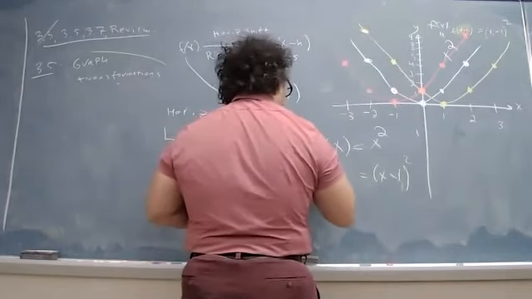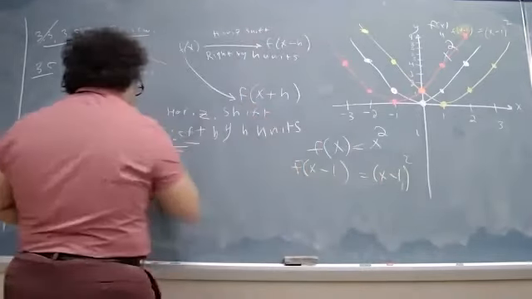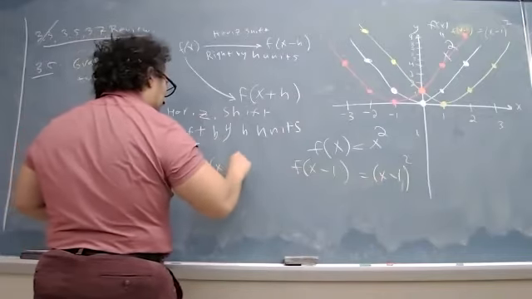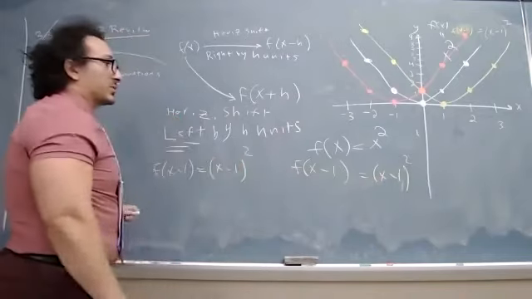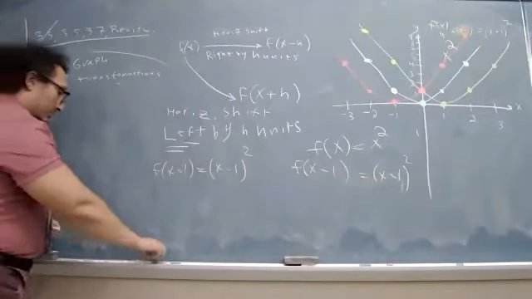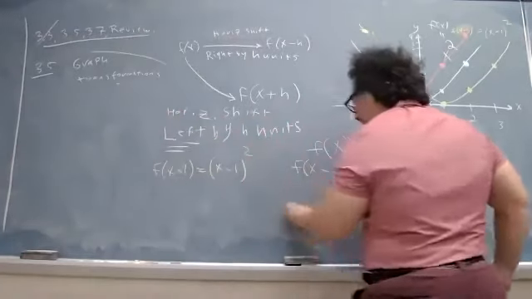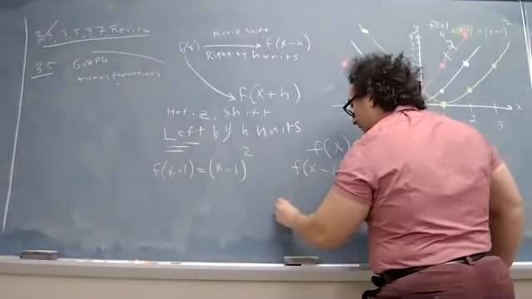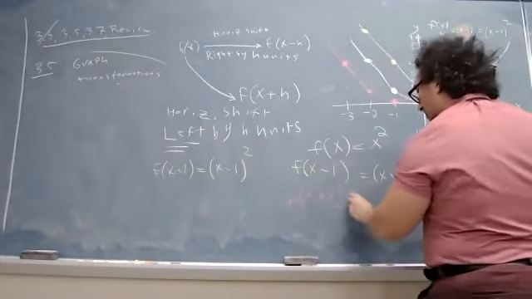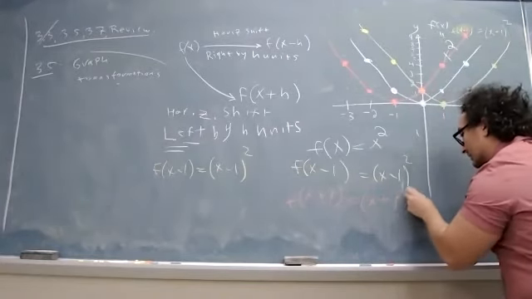But technically, that's really f of x minus 1, because notice that f of x minus 1 is just putting an x minus 1 in for every x we see here, which makes that. Furthermore, our red is our f of x plus 1, which gives us x plus 1 quantity squared.